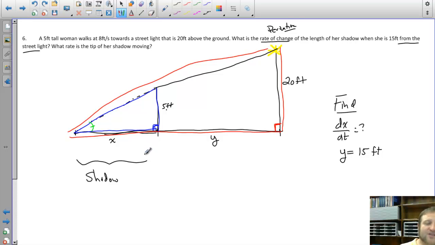So we can make a ratio of the relationship of their legs and hypotenuse. This value x will relate to the entire length x plus y, and that will be related to the height, 5 feet, to this value of 20 feet.